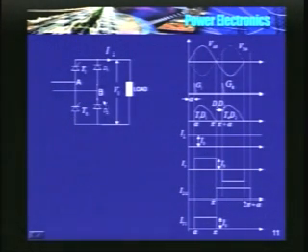So current again starts flowing in D3 and D2. From 2 pi to 2 pi plus alpha, D3 and D2 continue to conduct. Voltage applied to the load is 0. T4 is again commutated using the line voltage, hence the name line commutation.